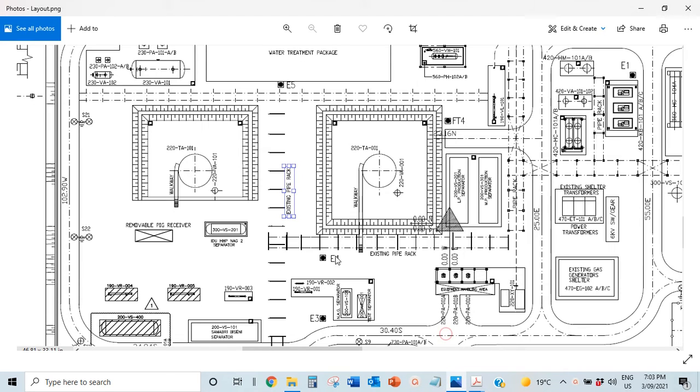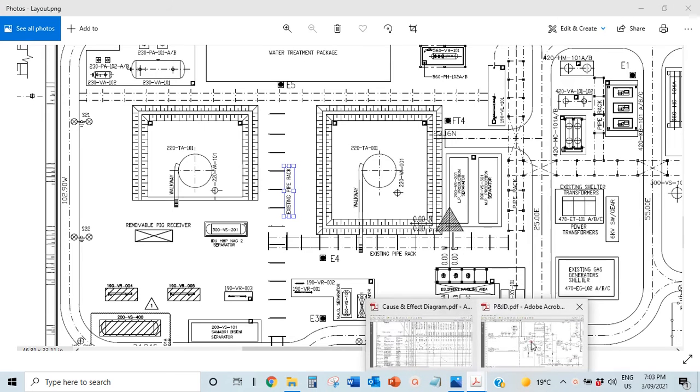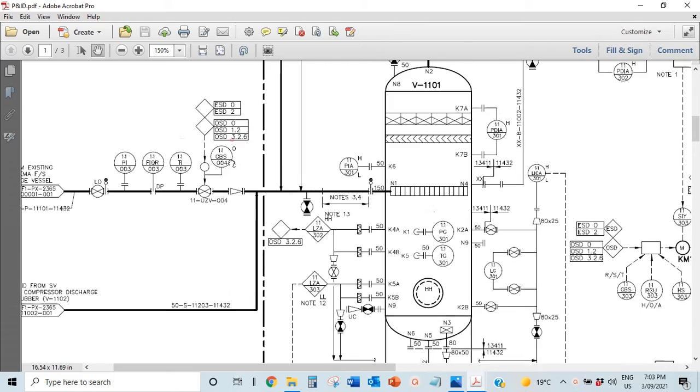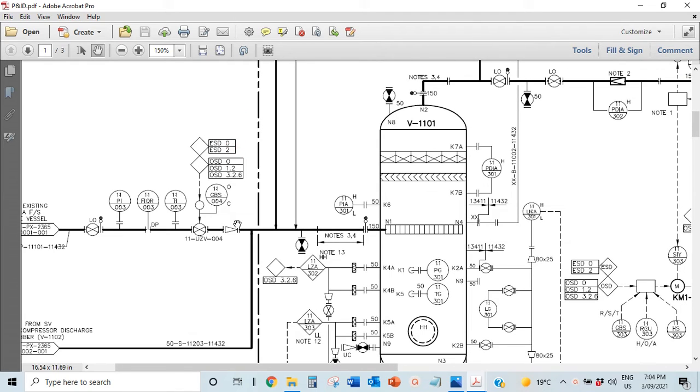So your shutdown systems should be done in such a way that they're connected to your fire and gas detection system. And that's why I did the video of the fire and gas, because it could be triggered by a heat detector or a flame detector, or you could even shut down if there's so much gas in the environment.